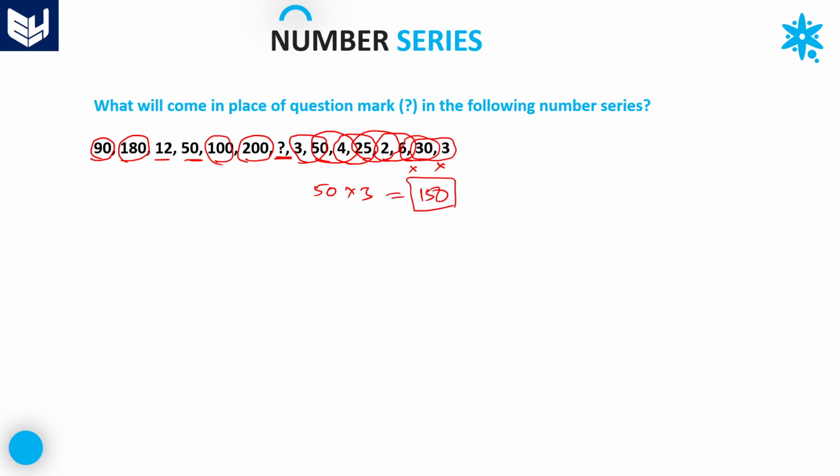It means that what he is following is, from the right-hand side he is multiplying every two numbers and the results of those multiplications are written towards the left side, and from the left side multiplications the results are written towards the middle, and finally in the middle you get 50 into 3, which is equal to 150.